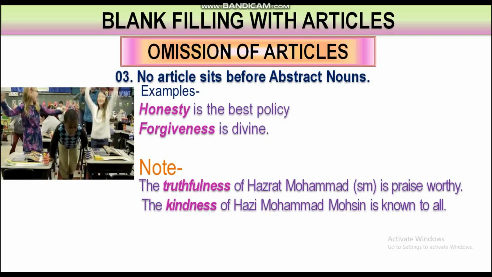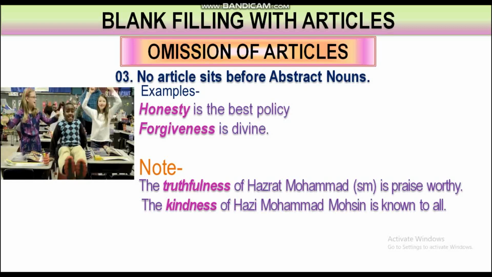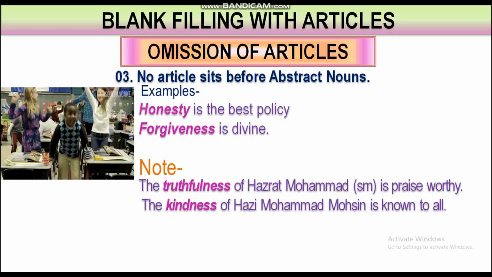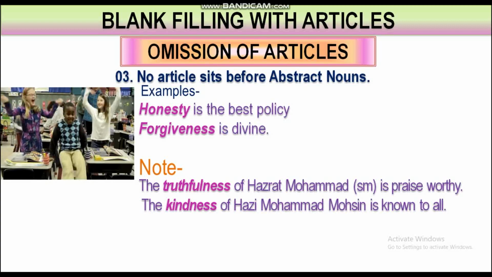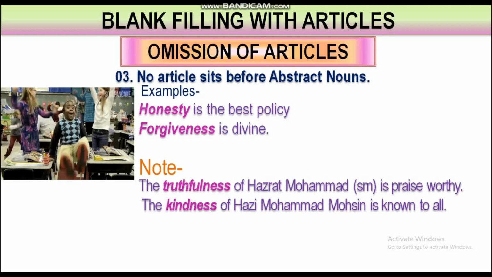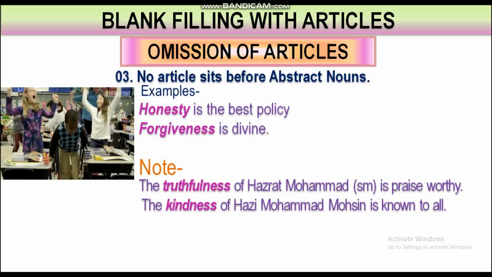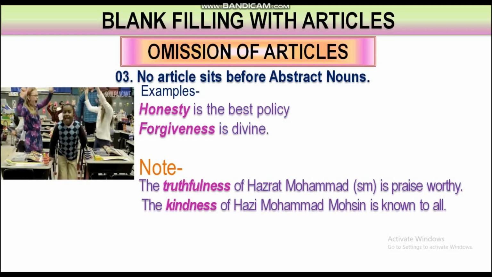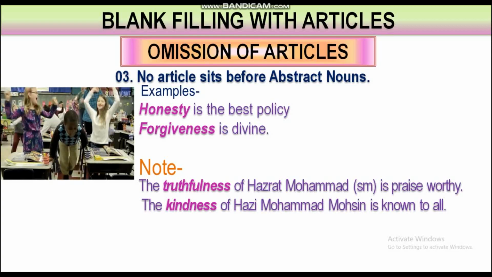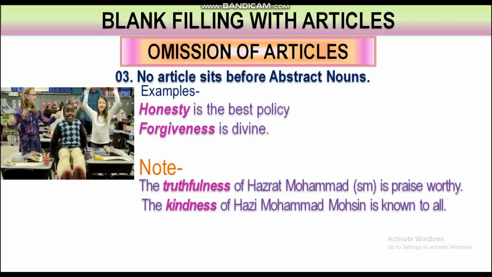The kindness of Haji Muhammad Mohsin is known to all. Here in the sentences, truthfulness and kindness indicate the special quality of Hazrat Muhammad sallallahu alaihi wasallam and Haji Muhammad Mohsin, and that's why article the is used before them.